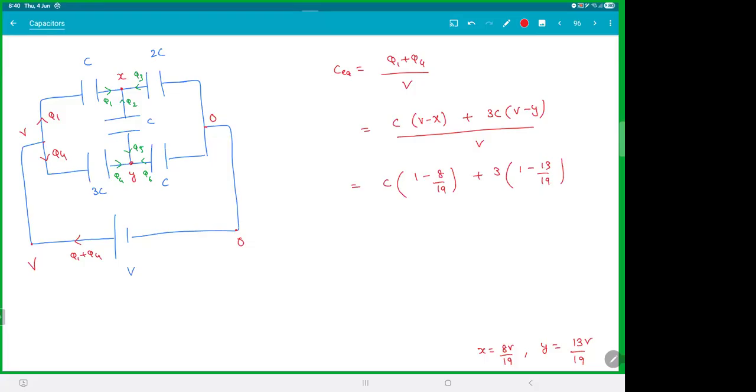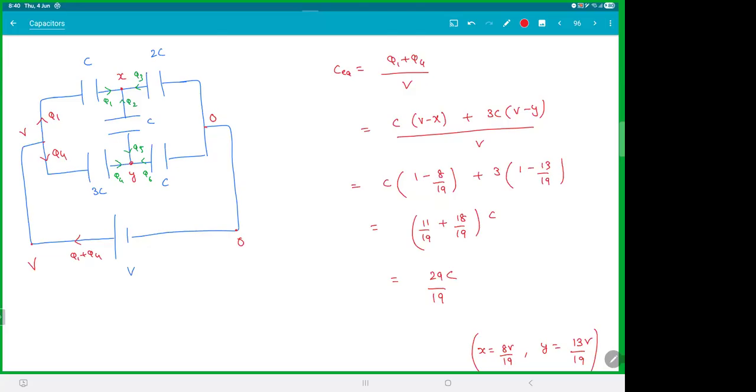How much is this? This is 19 minus 8, 11 by 19, plus 19 minus 13 is 6. That is 18 by 19. That is 29C by 19. That's your C equivalent, everyone.